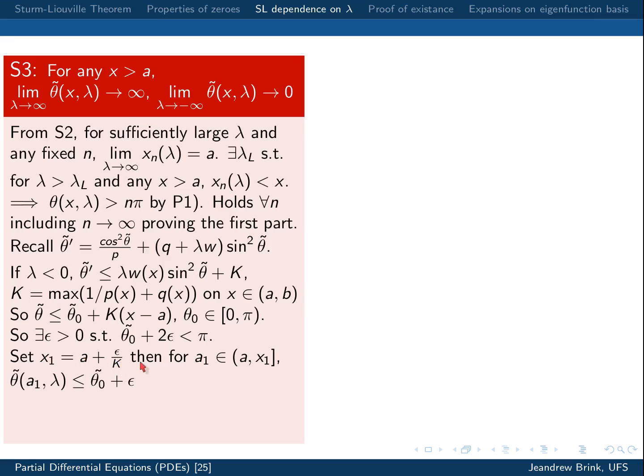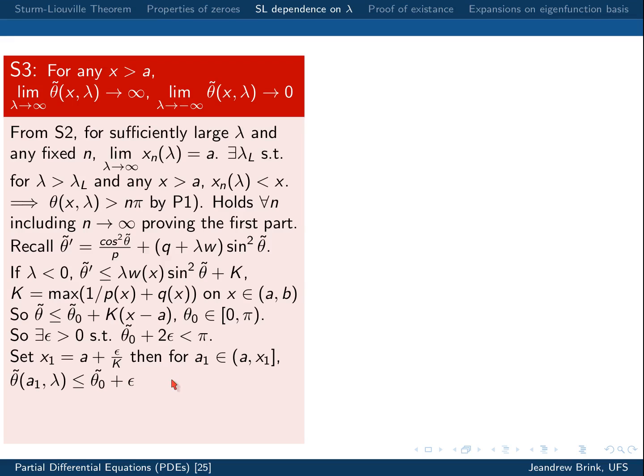Then for any x in the region a to x1, we have this little bit of room where theta is assured to be less than pi, because we then have theta of x, lambda on this little domain, less than or equal to theta 0 tilde plus epsilon.